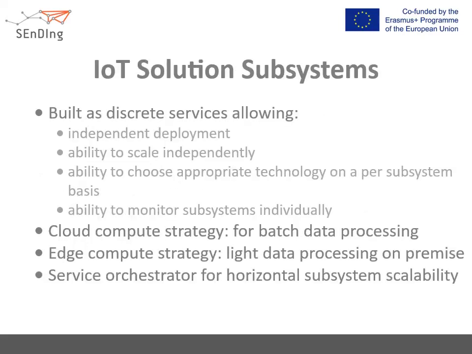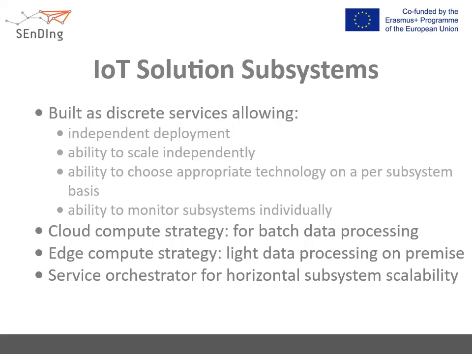The subsystems of an IoT solution should be built as discrete services that are independently deployable, and able to scale independently. These attributes enable greater scalability, more flexibility in updating individual subsystems, and provide the flexibility to choose appropriate technologies on a per-subsystem basis.